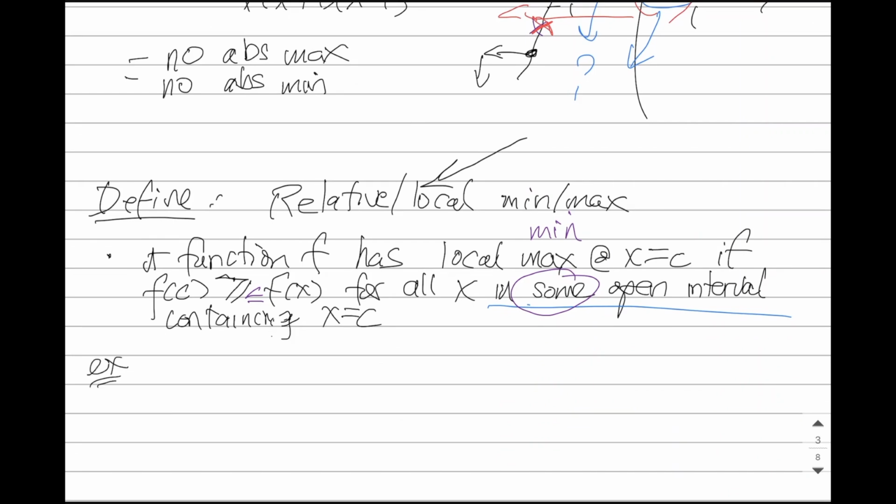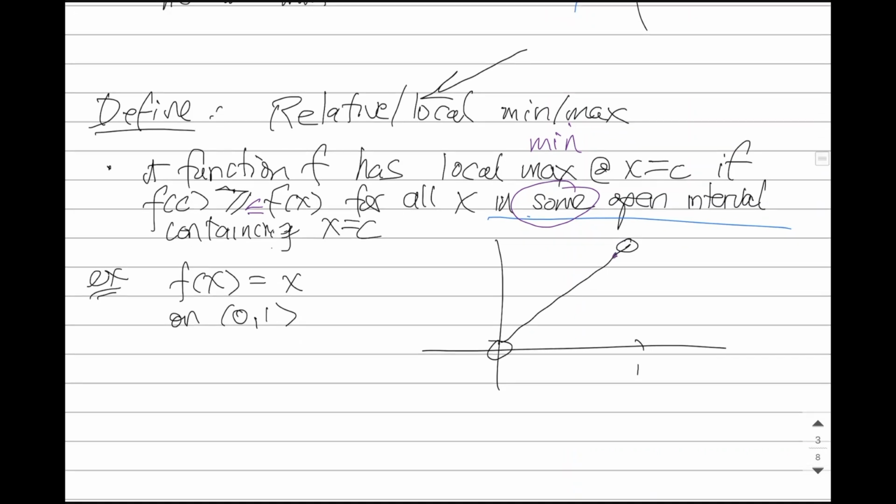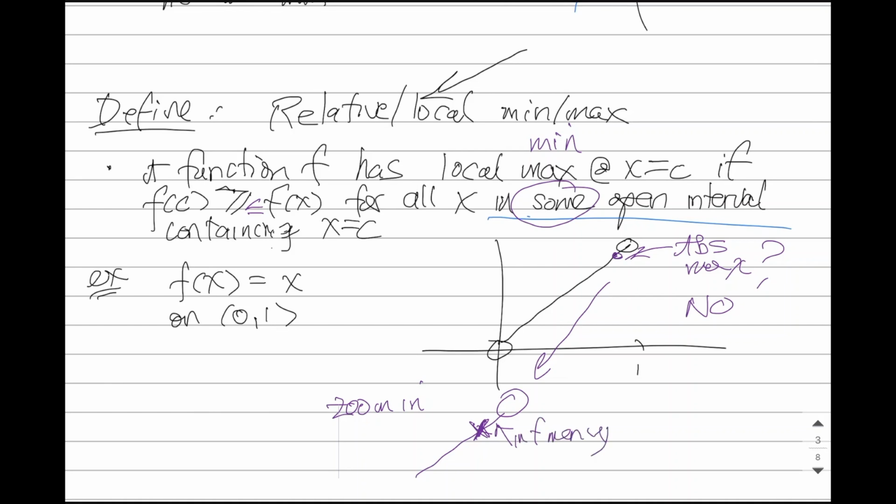This is also a bit of a sneaky definition, and students usually run into some headaches when they talk about this. So for instance, if I were to take f of x equals x on the interval 0 to 1, does this function have any extrema? Is there an absolute maximum right there? The answer is no, because no matter what point you pick, if you zoom in, if I were to say that is the absolute maximum, the point right before, there are infinitely many points in here that are closer and higher than the one you chose.